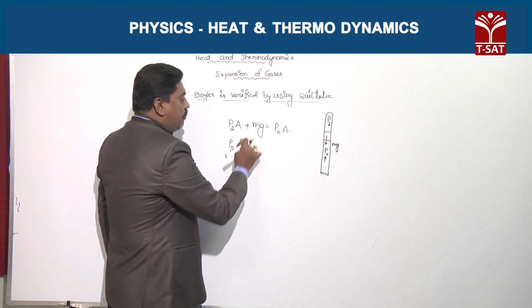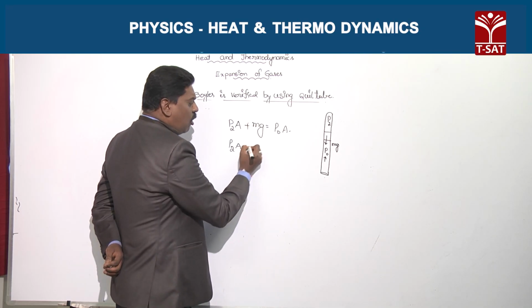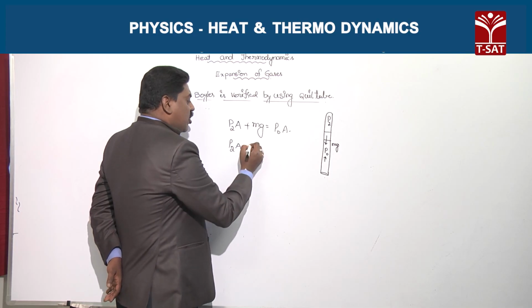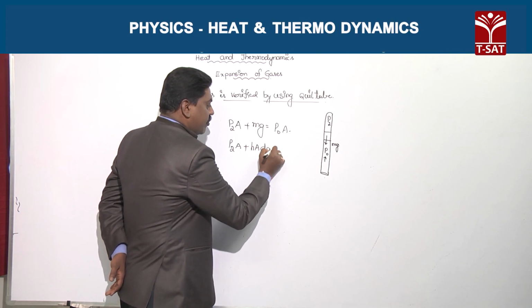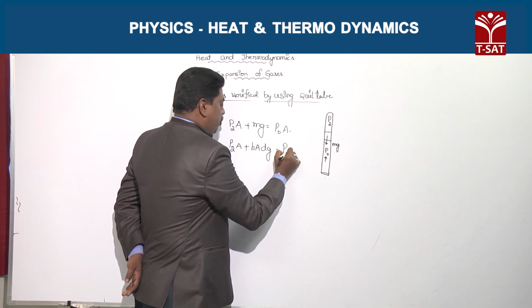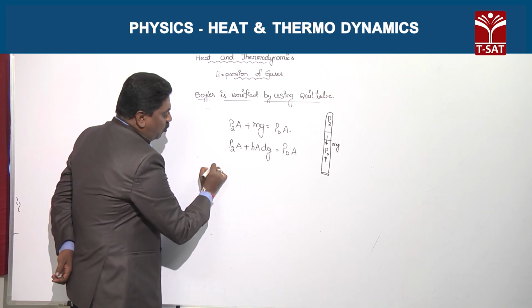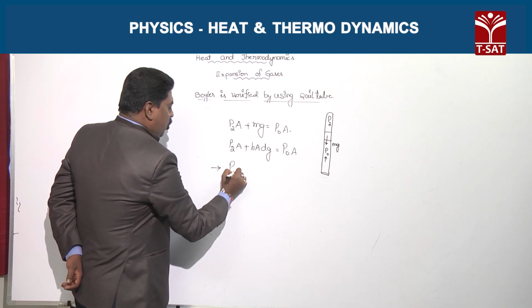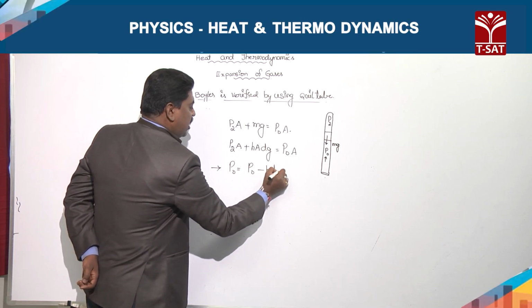P2A plus mass can be written as volume into density. Volume is given as height into area of cross section, so that hA into dg is equal to P0A. Cancelling the area of cross section throughout, what we get is P2 equals P0 minus h d g.